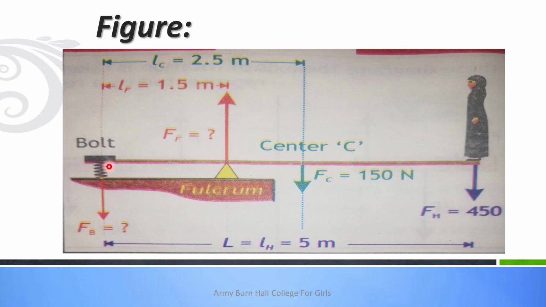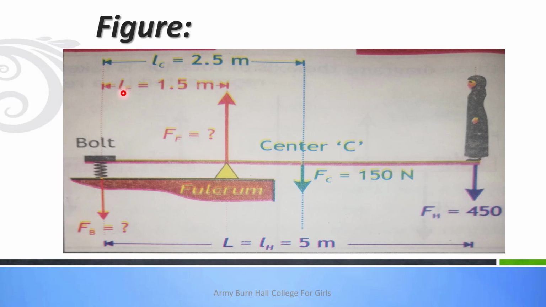This is bolted at one end, fixed at one end, and we have a force FB in this direction, let's say, and this fulcrum applies a reaction force in the upward direction. The force due to the fulcrum is unknown and the force due to the bolt is unknown.